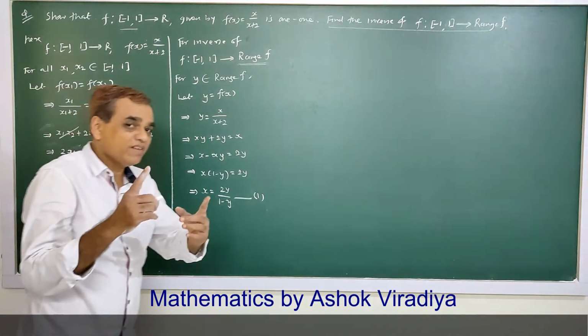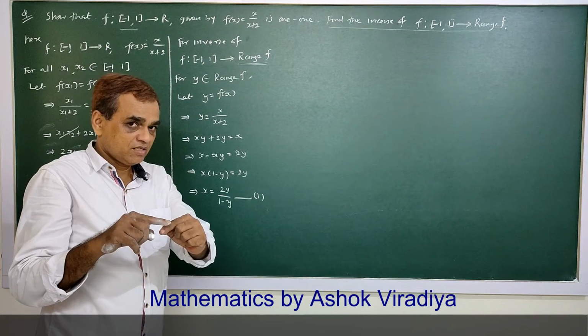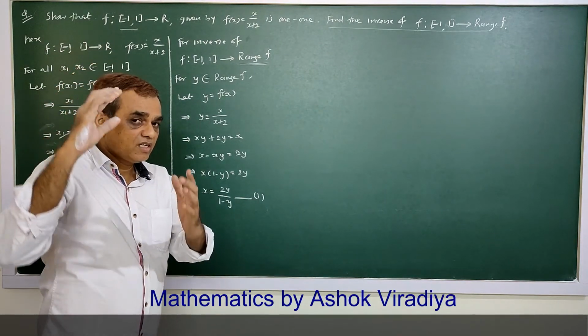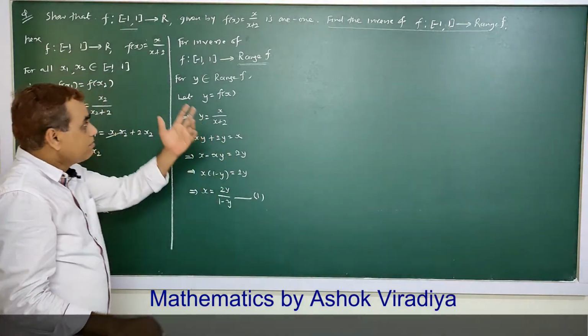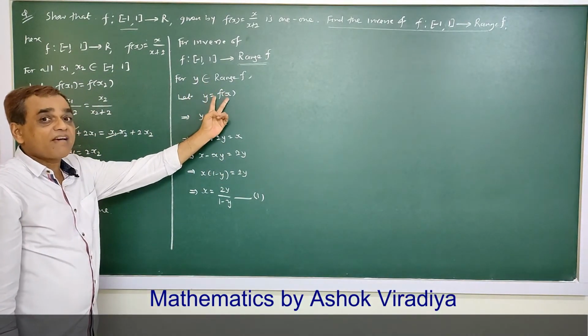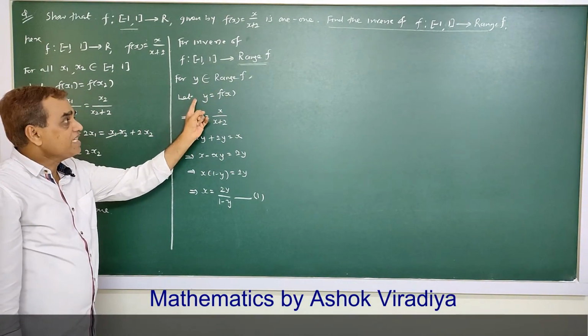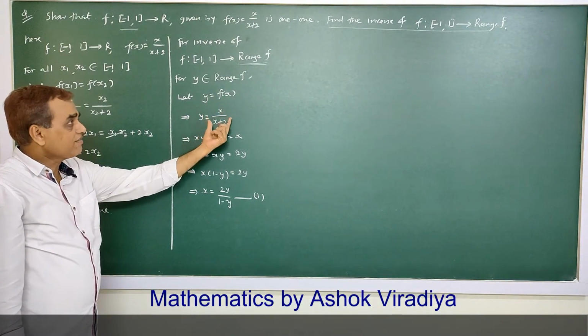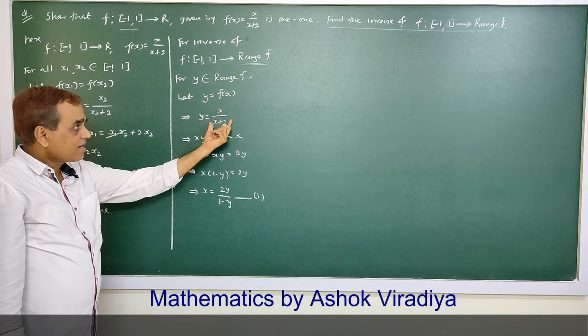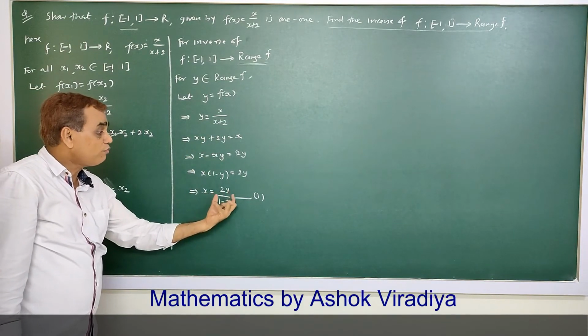Whenever we want to define g to find f inverse, what is the procedure? Begin from y equal to f(x), where y is the image of some x. Put in the formula for f(x), and get the value of x in terms of y.